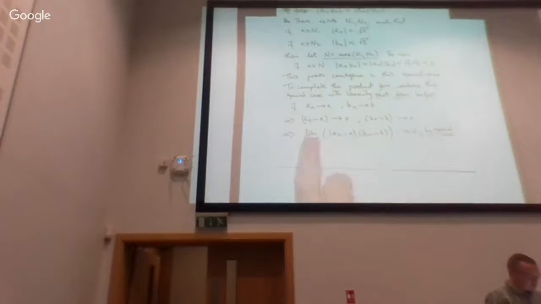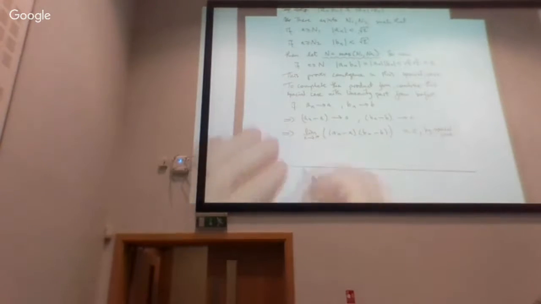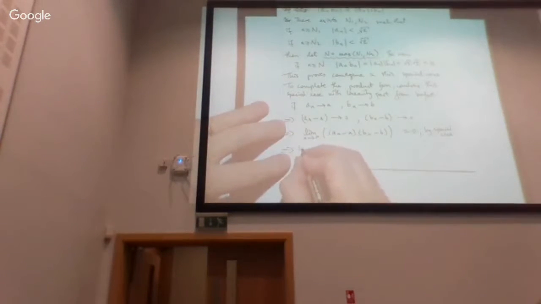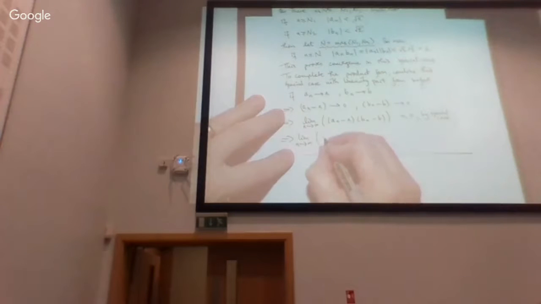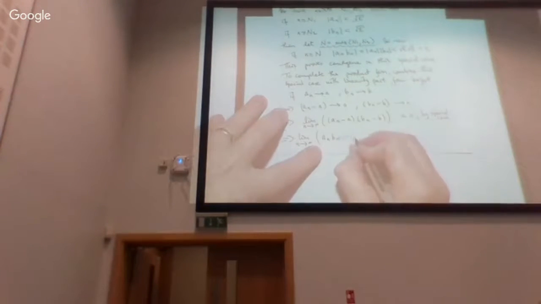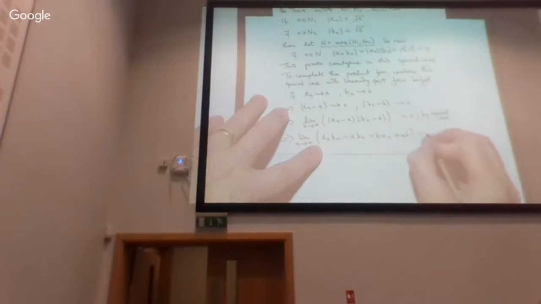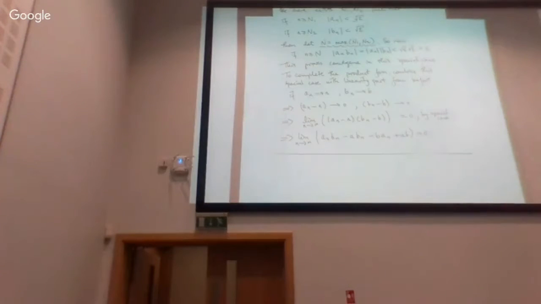That is a new sequence which has a limit of 0. But now when I multiply out this bracket, I get 4 terms: an bn minus a bn minus b an plus ab. Okay, that's just multiplying out the brackets.